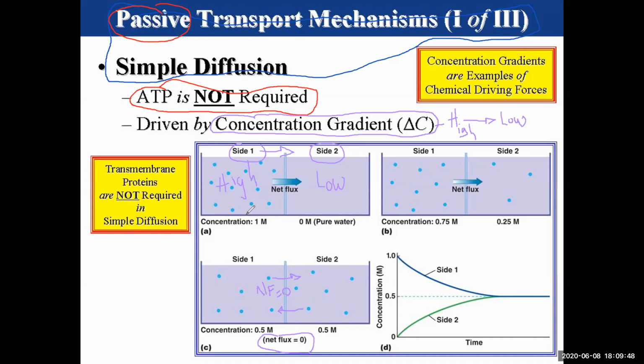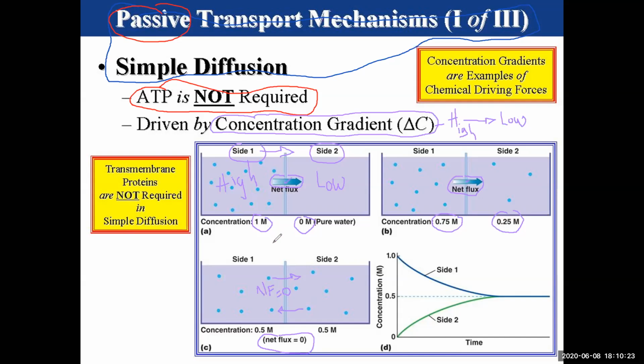But over here, when you have site 1 at 1 molar and site 2 at 0, then you have a huge net flux from site 1 to site 2. And once site 2 starts to accumulate a concentration, the gradient now is less, so the net flux slightly decreases. That's why you have a smaller arrow over here compared to this thicker arrow over here.